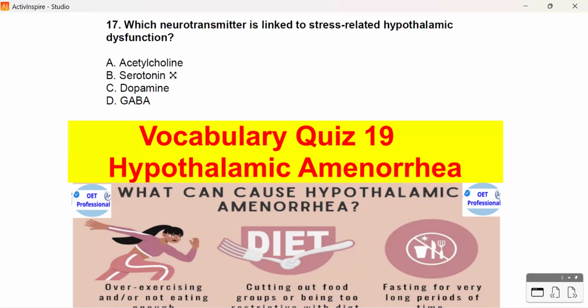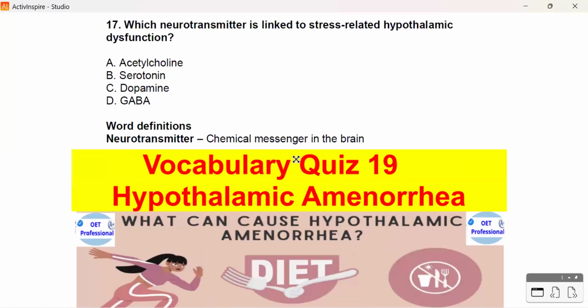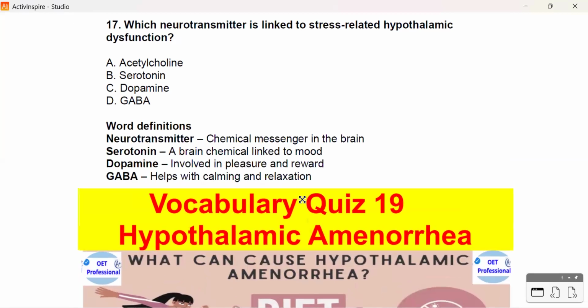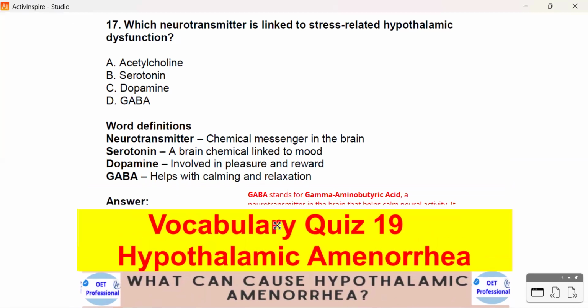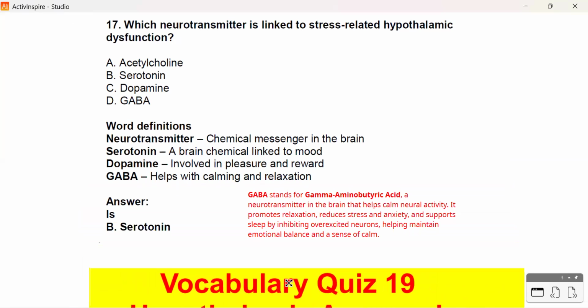Acetylcholine, serotonin, dopamine, GABA. The correct answer is serotonin, a brain chemical linked to mood.